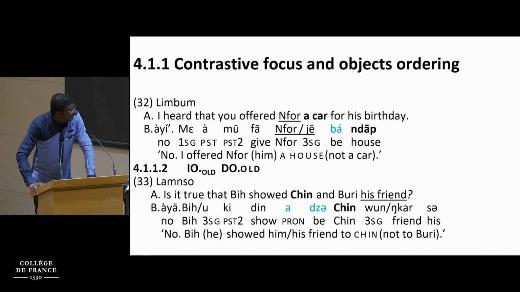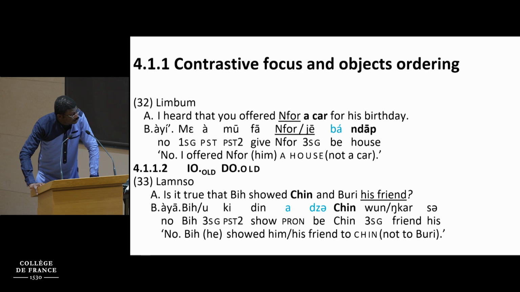Now, if you have the indirect object old and the direct object old, both cases are possible, right? In Lamso, is it true that B showed Chin and Buri his friend?